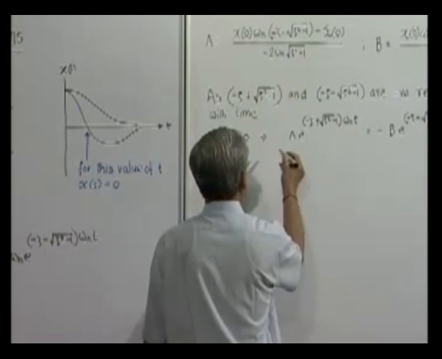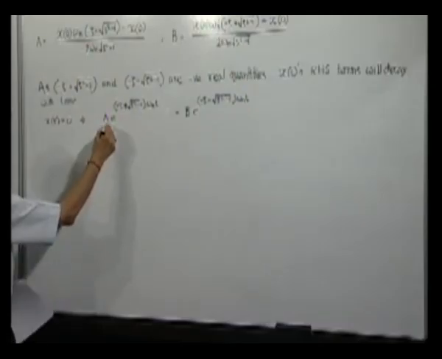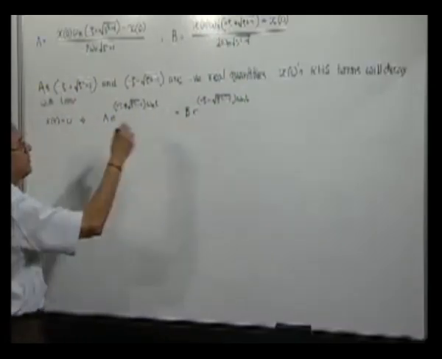I think if we now try to see, first of all, e to the power minus zeta omega n t will cancel from both sides.